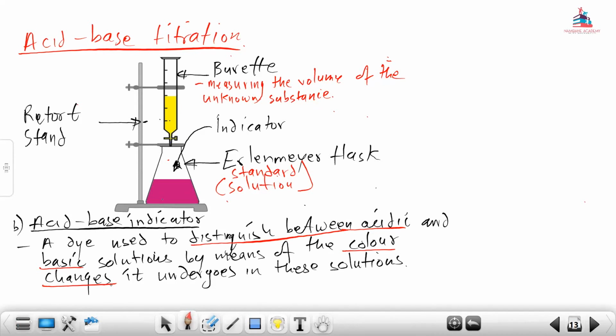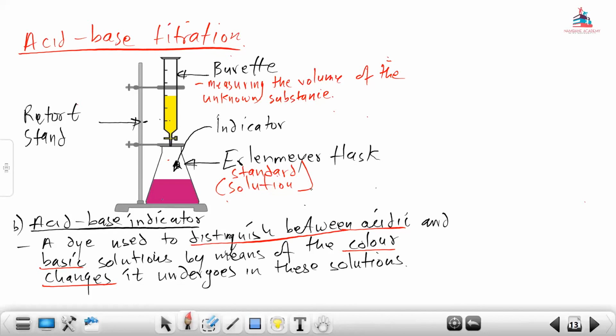So once I am pouring in my unknown substance, it will help me to fully understand. When it starts changing color, it basically says now I have reached my end point. So this will now give me what we call an end point.